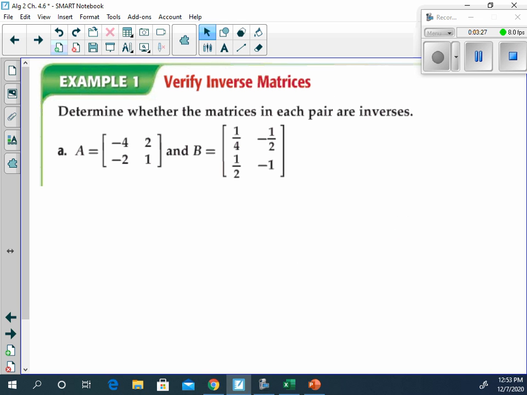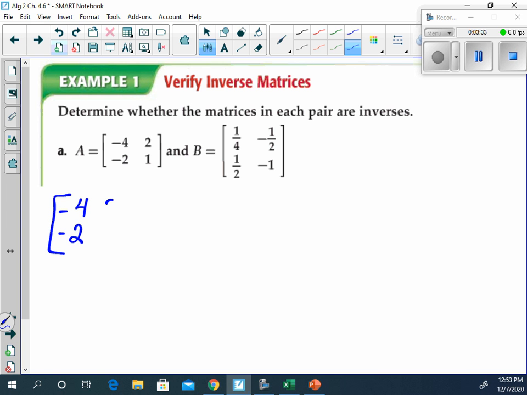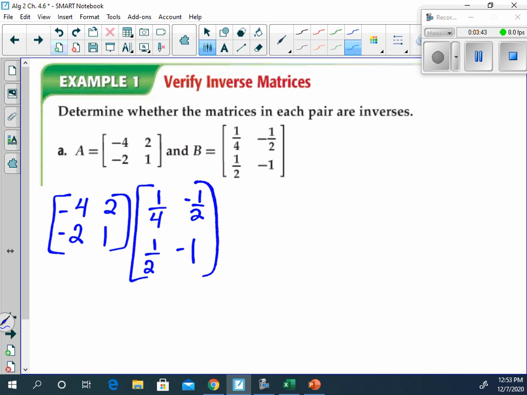So really what we're looking at is to determine whether these two are inverses. What we're going to do is just multiply them together. We could plug these into the calculator.